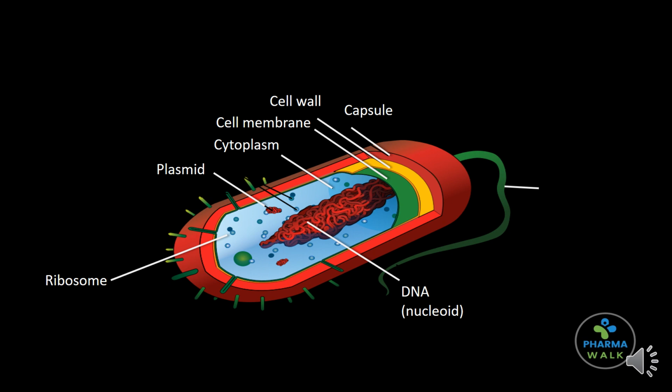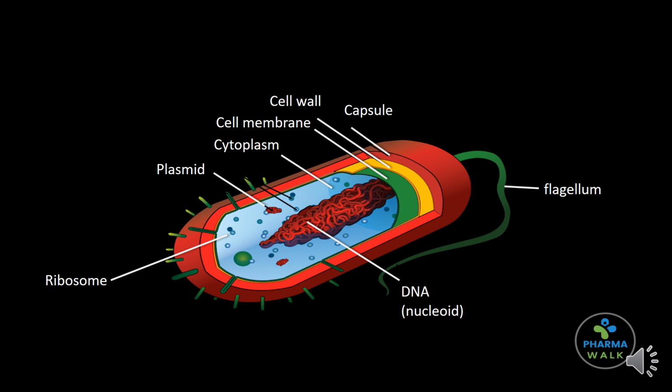Then we have the most important part of the bacterial cell, that is DNA. DNA stands for deoxyribonucleic acid, which is a double helical structure present in a bacterial cell. This DNA contains all the genetic information for the functioning as well as the reproduction of the bacterial cell.